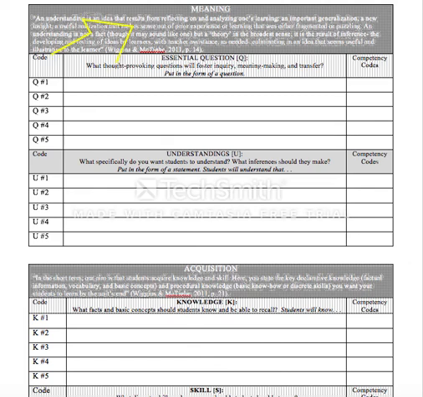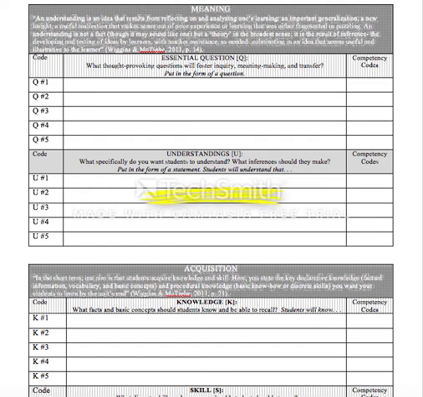There are 2 important aspects of the identifying desired results part of the UbD template in Stage 1. It's meaning and acquisition. In the meaning portion, there are 2 aspects that you want to cover, which are the essential questions, which are questions that you're going to open the unit or the lesson with to get them to start to get their minds wandering, start to force them to start making inferences and kind of taking control of their learning to try to see what things they might know already or think they know.